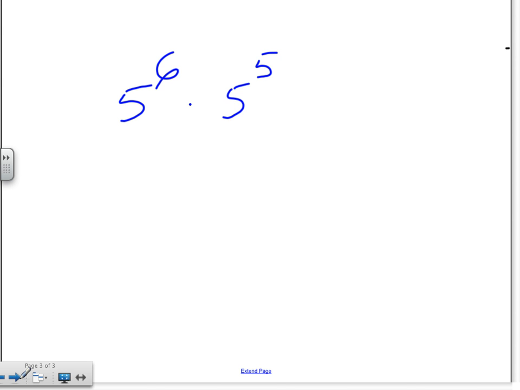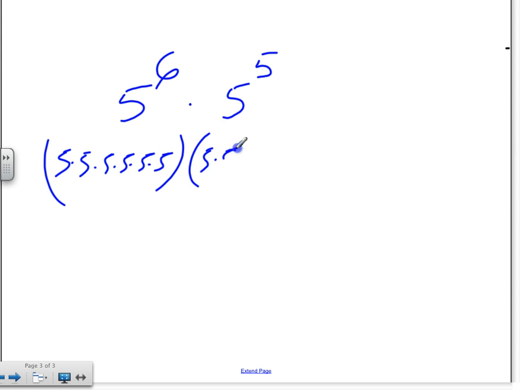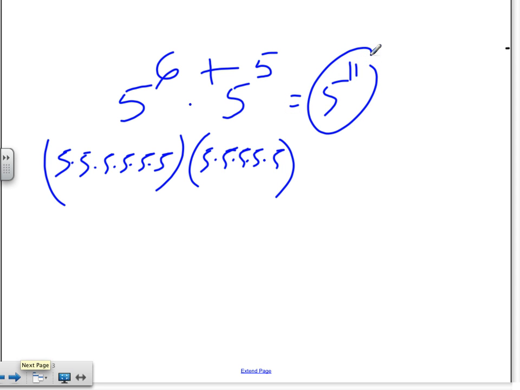So clearly how many blocks total? 11 of what block? 5. We just established that rule. If you expand it yourself, you can certainly see something like this. You can count them off if you want to. Clearly you see 11 blocks. But the quickest way to do it is just add the 2 powers together, which becomes 5 to the 11, right? There it is. That's how we clean up our exponents.